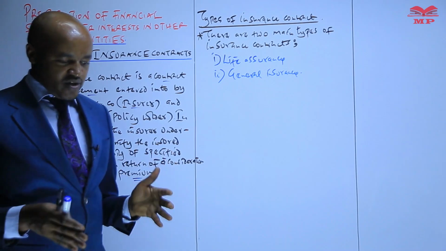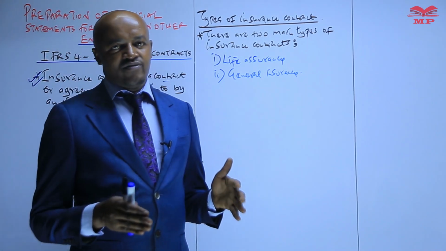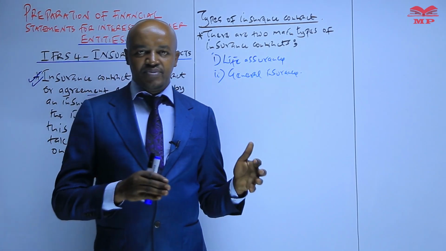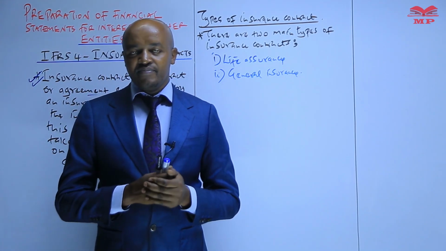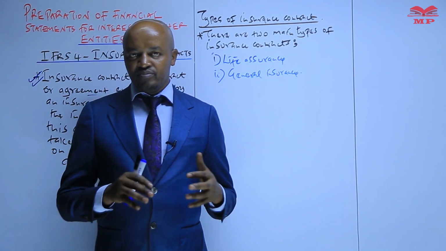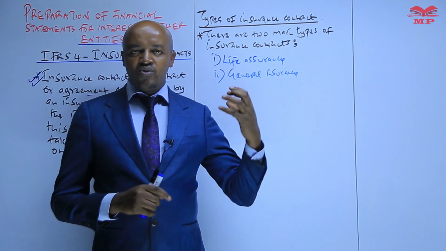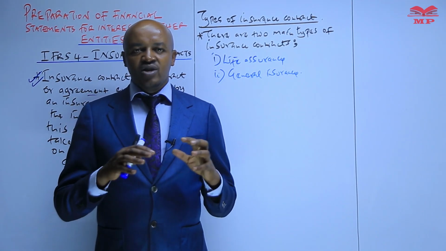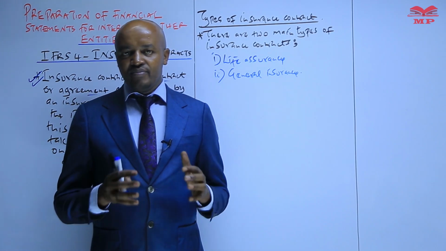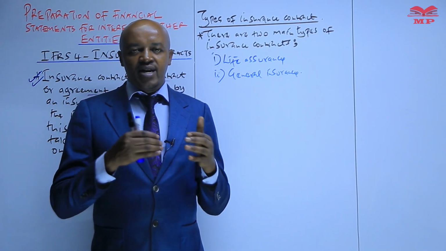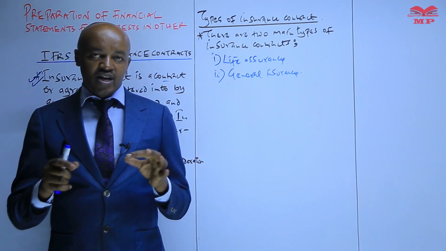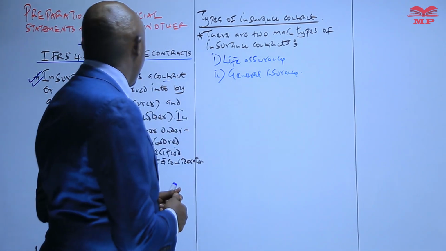Now, IFRS 4 prescribes the financial statements which are supposed to be prepared by companies which enter into such contracts with customers. So at the end of the year, insurance companies are required to prepare certain final accounts in accordance with what? With IFRS 4.